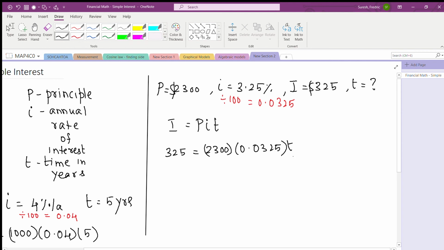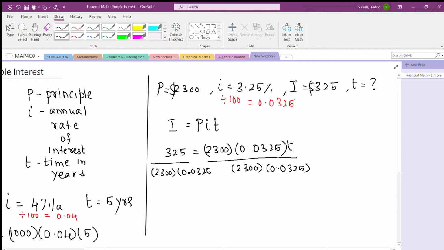Now, to isolate the time, we need to get rid of these numbers, so you'll have to divide the right side by these numbers. And what you do on one side, you divide on the other side as well. So we divide by 2,300 and by 0.0325, which is a decimal right there.